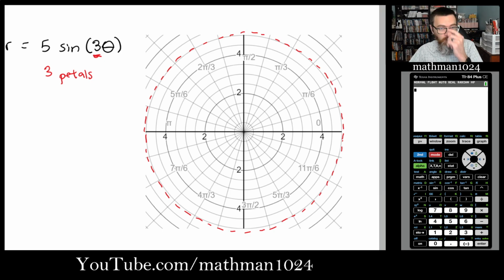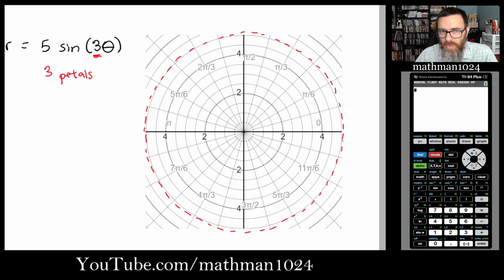Now, we know with sine that there's going to be symmetry about the y-axis, but where do we start? Where do we go with this? Here's my suggestion to you.